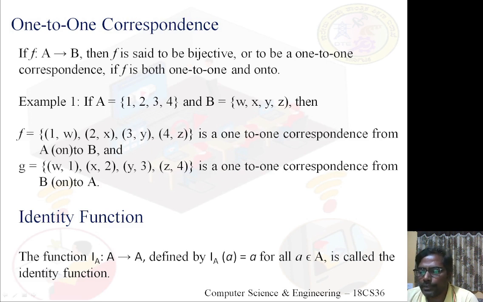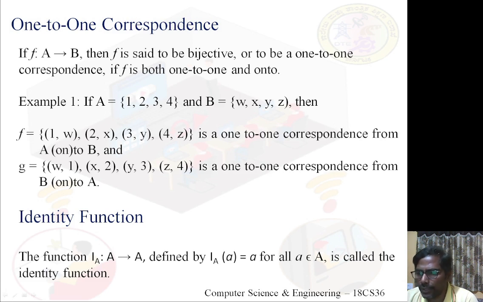So let me check whether f is both one-to-one and onto. In order to call f one-to-one, the elements of codomain B should appear at most once as an image.